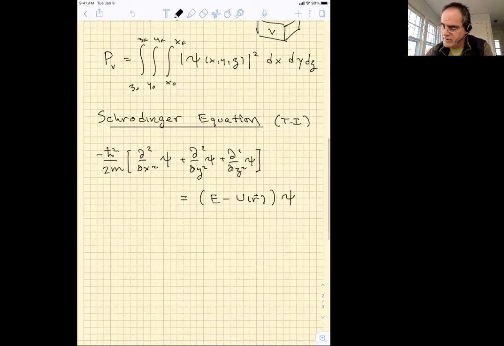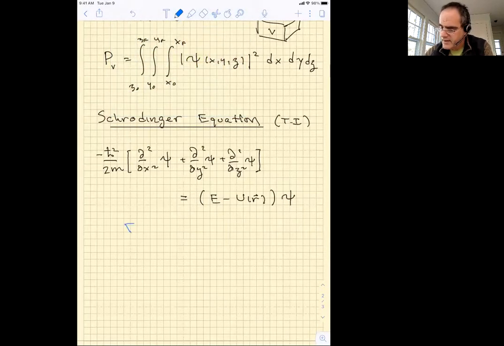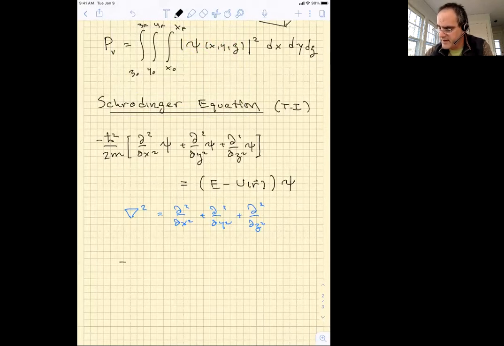It's convenient to adopt a shorthand to use the operator del squared to denote the second spatial derivative with respect to x, y, and z. Maybe this is familiar to you, but in any event, it's just a shorthand, okay? And if we do that, then we can write this equation more compactly as minus h bar squared over 2m del squared psi is equal to E minus U times psi.